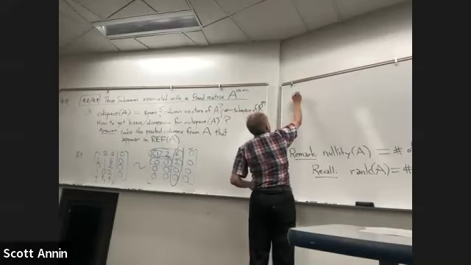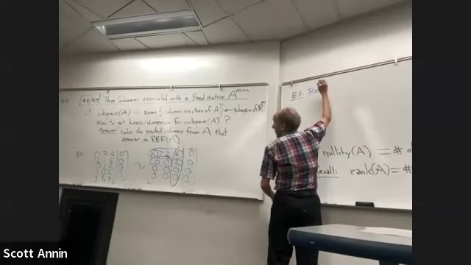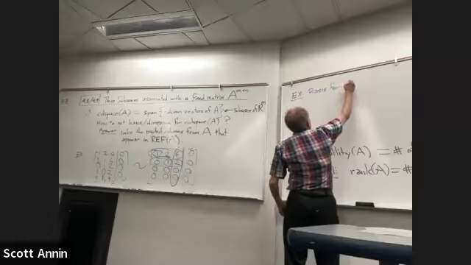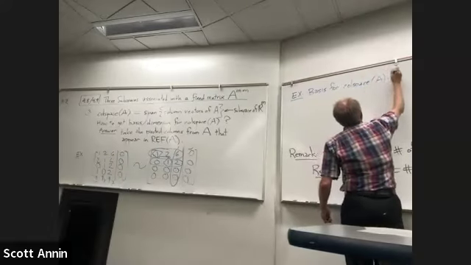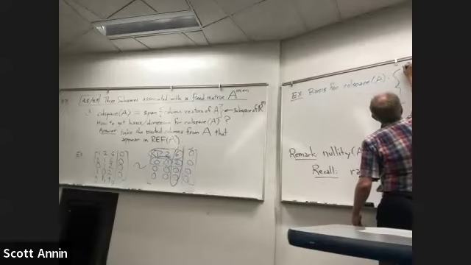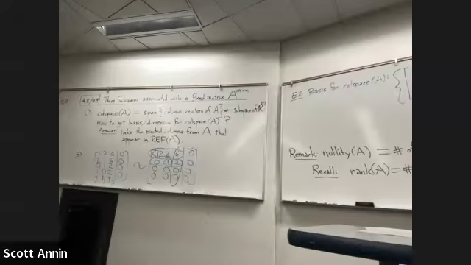So in the example, the basis for the column space of A will be written as a set. By the way, you might have noticed when I was doing the row space, I wrote the rows as rows, horizontally.